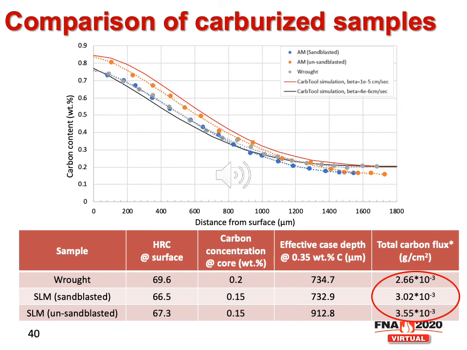And actually the unsandblasted selective laser melted part has higher carbon flux, which means it takes more carbon during the carburizing process, which may be due to the pores on the unsandblasted sample, because sandblasting can close the pores on the surface of the selective laser melted part.